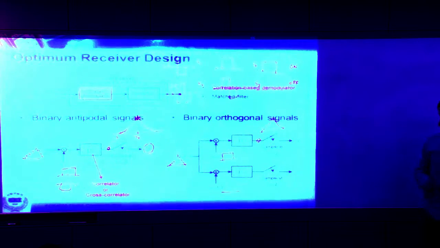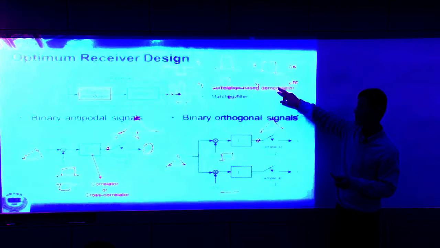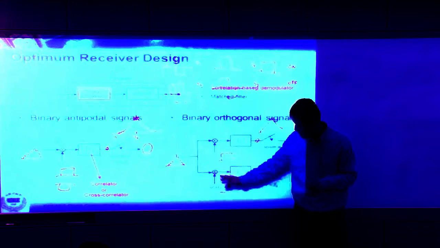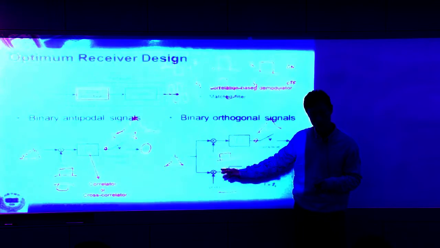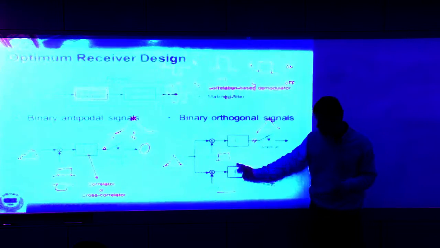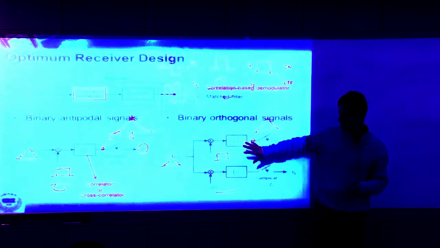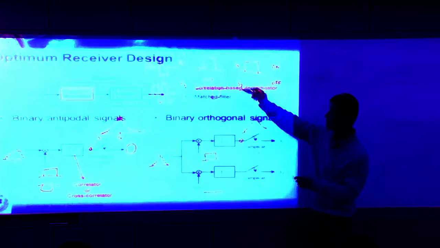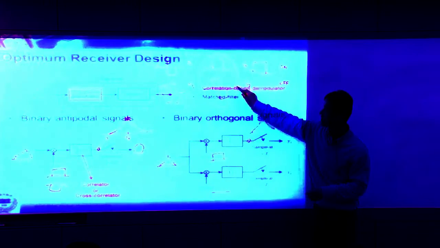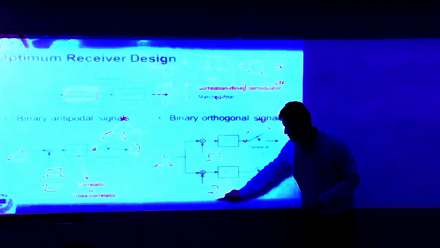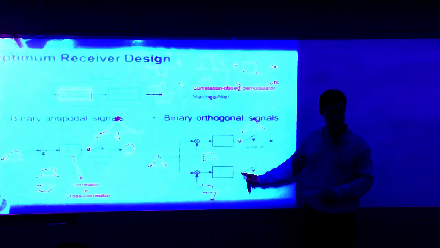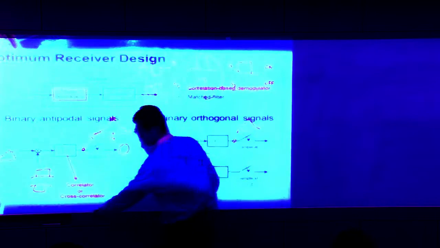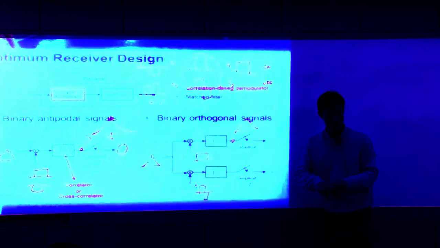This is a very special case where this one is 0, so maybe you think that when you calculate the correlation, it's all 0. For this special case, that is true. But the block diagram we are looking at here is a general case. Let's say we are using this orthogonal signal. In that case, of course it's not 0, and you're going to get something here. Do you get the message?